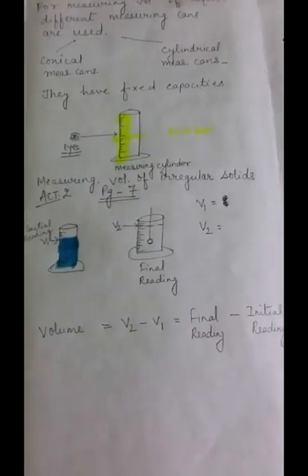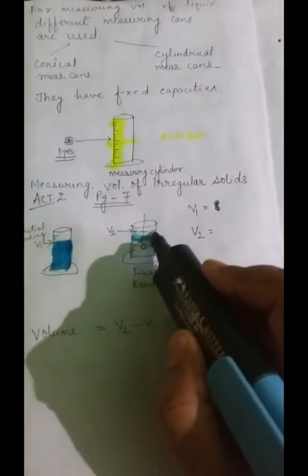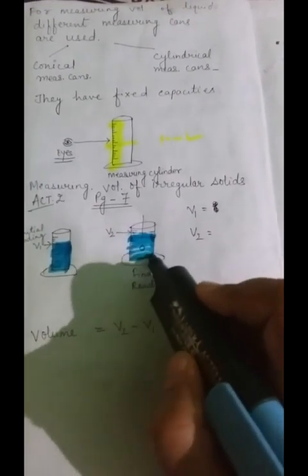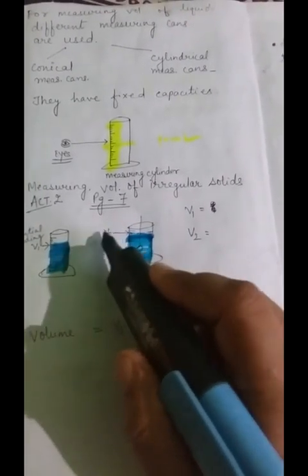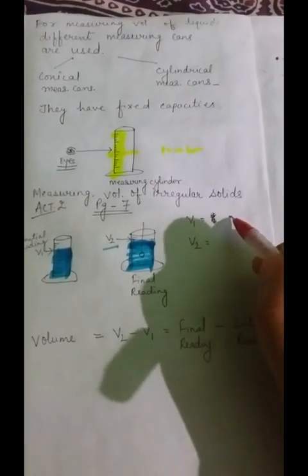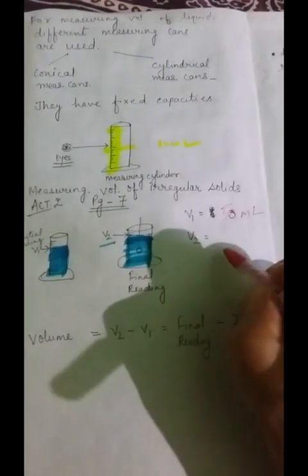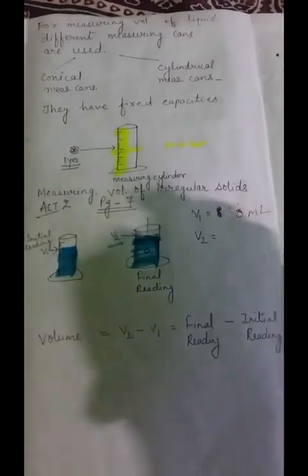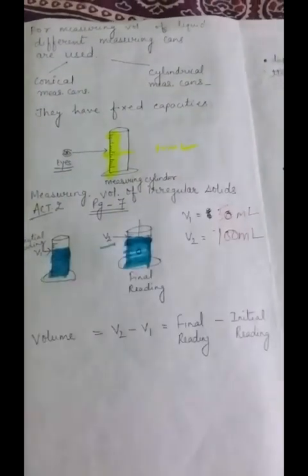Now we will tie a stone and put it inside the water in the measuring cylinder, and we will see that the level of the water has increased, which is denoted by V2. Suppose for example level 1 is 50 ml, and after putting the stone inside the measuring cylinder it is 100 ml.